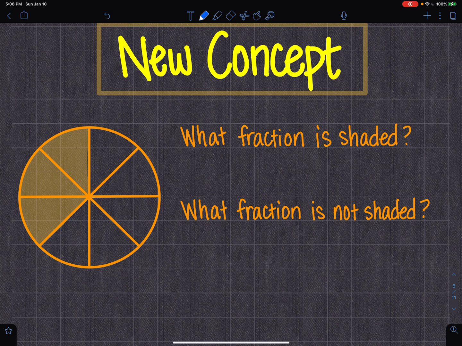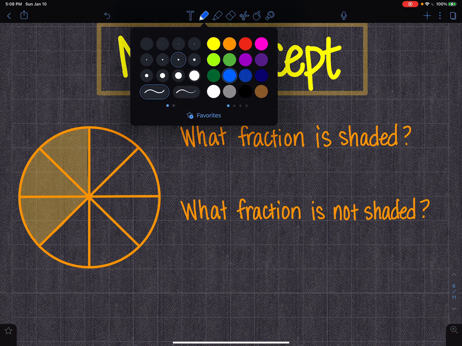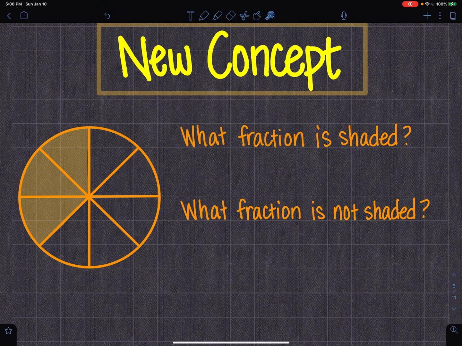So, for example, this wants to know what fraction of this circle is shaded. The first thing we have to do is figure out how many parts it has been divided into. So let's count. 1, 2, 3, 4, 5, 6, 7, 8.